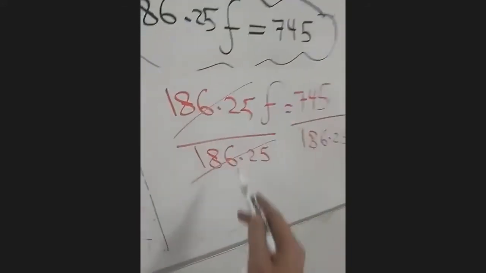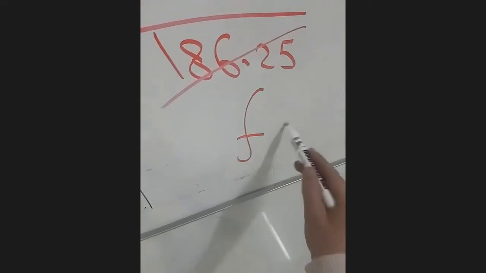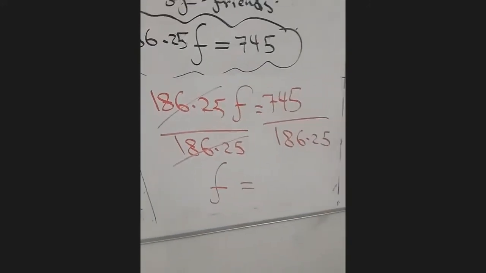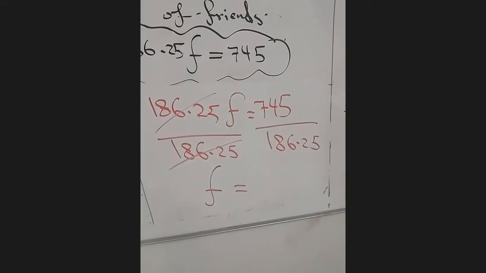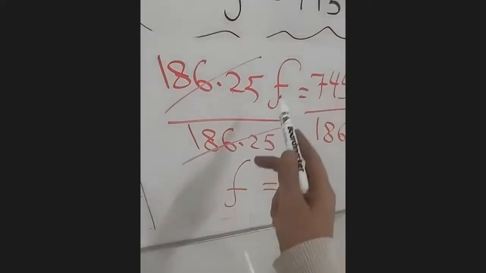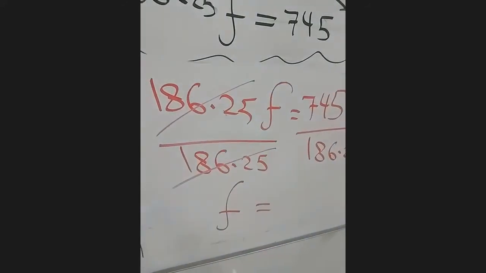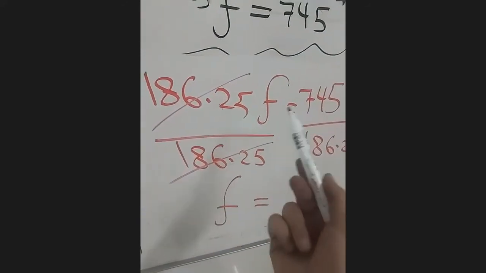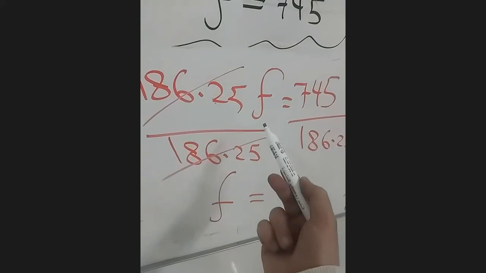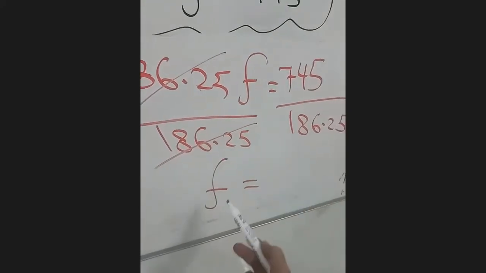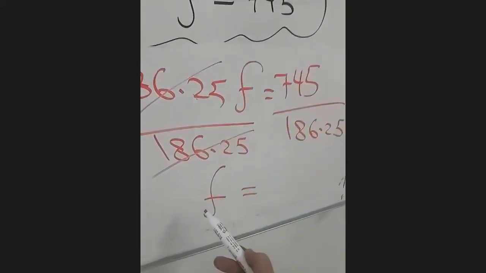Now these two numbers are gone. What is still here? 745. And here, what is still left? The variable and the equal sign. What is the variable? Say F. Here, what will we do?